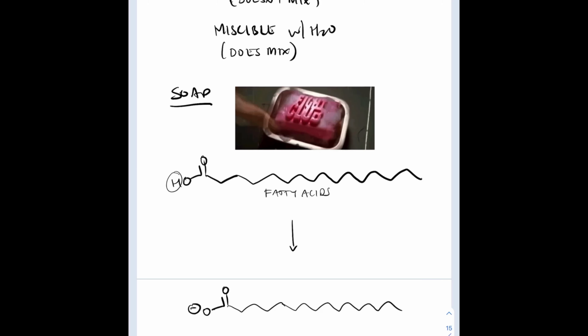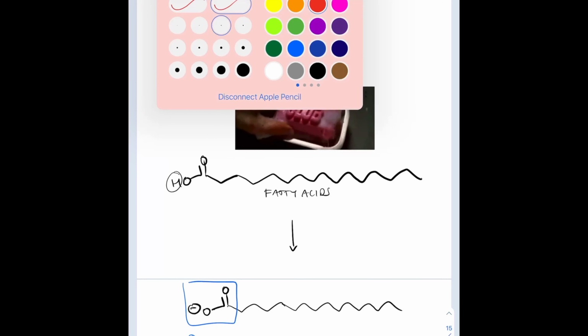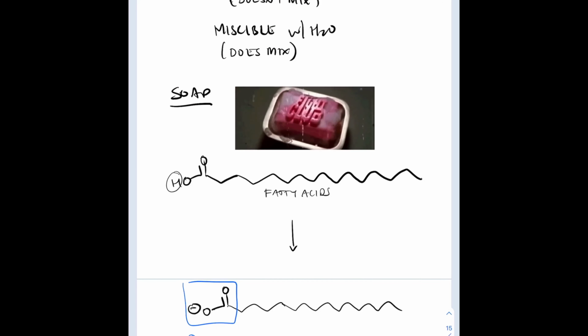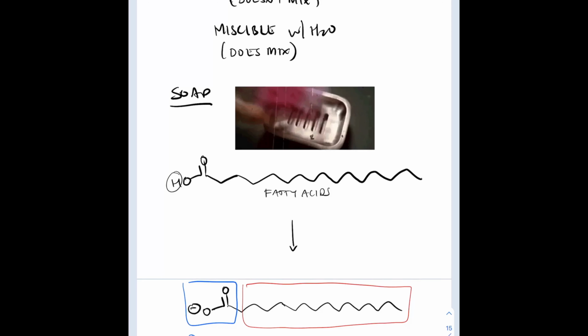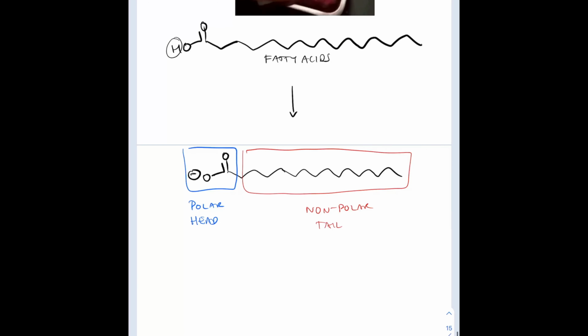What that does is it removes this acidic proton, and it forms an ionic compound. And what you have here is this polar head now, right? Polar head, and you have this non-polar tail. So this portion right here is that non-polar tail.